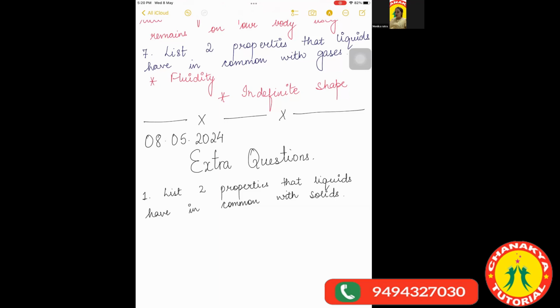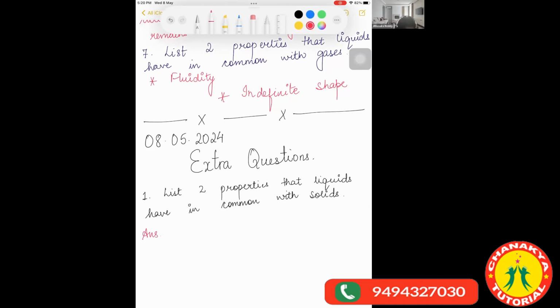Yes, Jitendra, can you tell me the answer for this? Minimal compressibility. Yes, minimum or least compressibility. And one more. Definite volume. Very good. Both have definite volume.